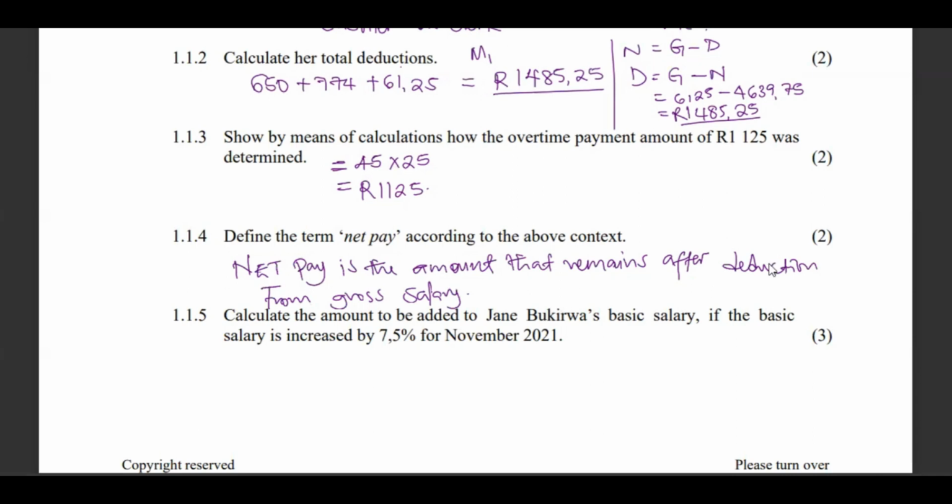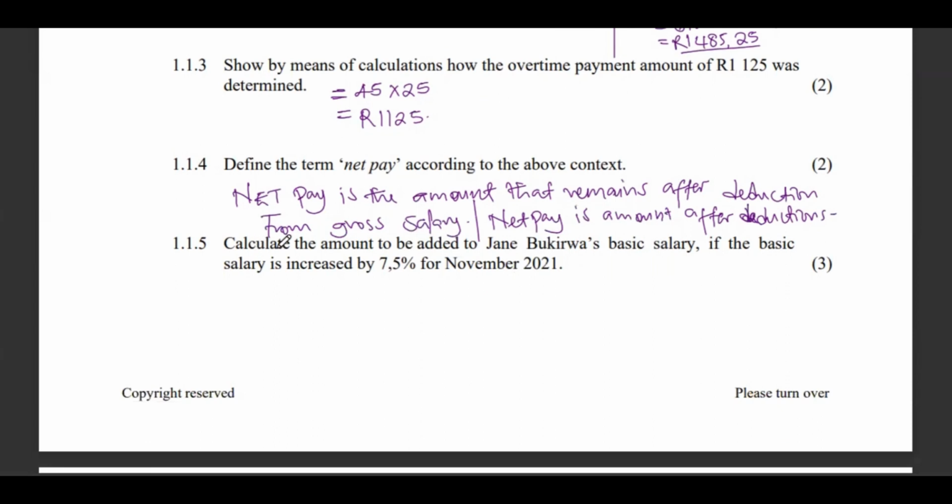Most people say net pay is the amount after deductions. Gross is the total income, the total salary. Then the net is after deductions.